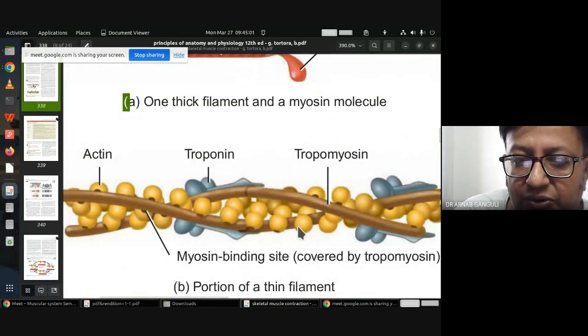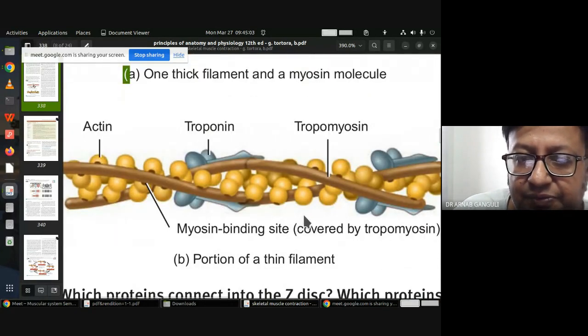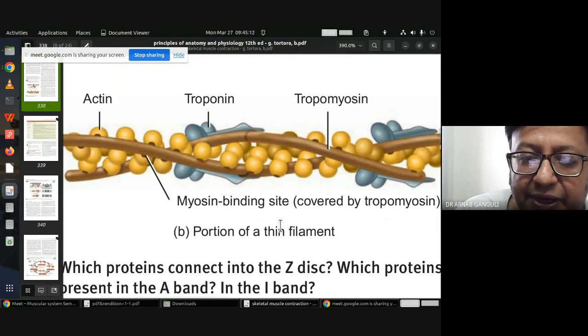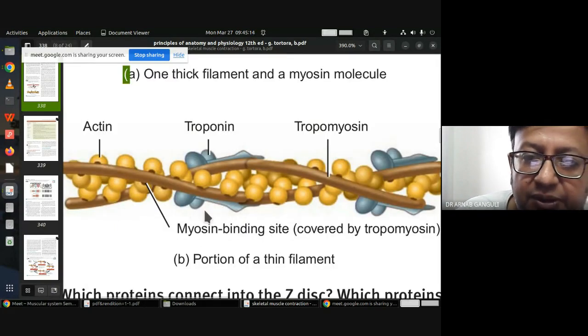And now we are coming to the thin filament. It is made up of actin, mostly actin. So this thin filament has got sites.